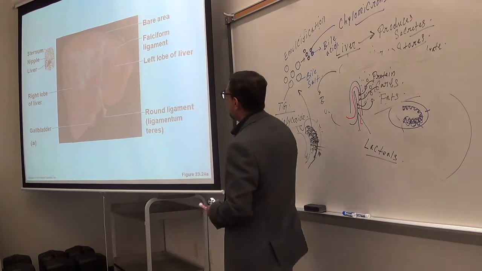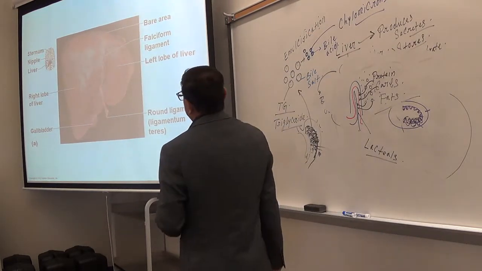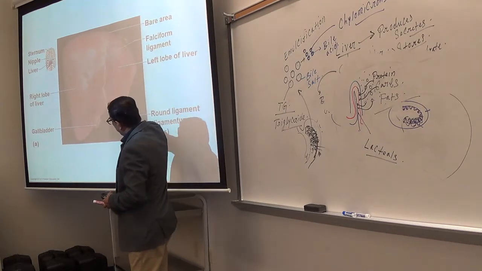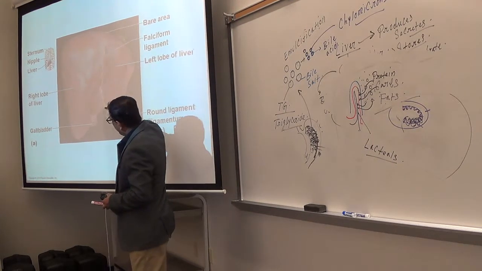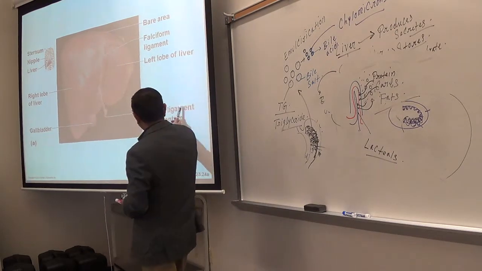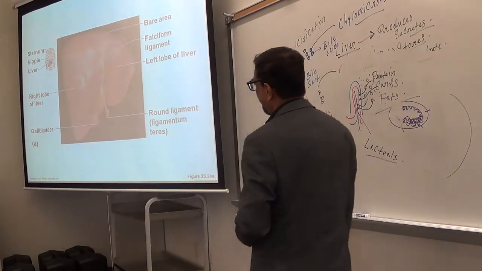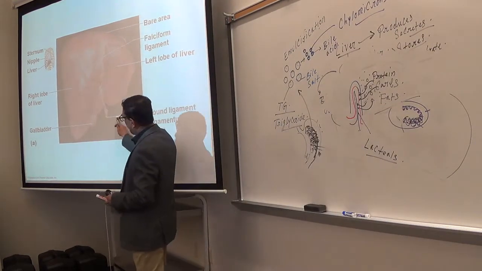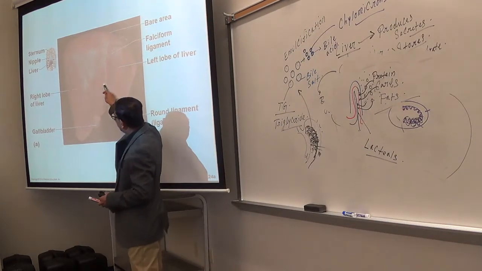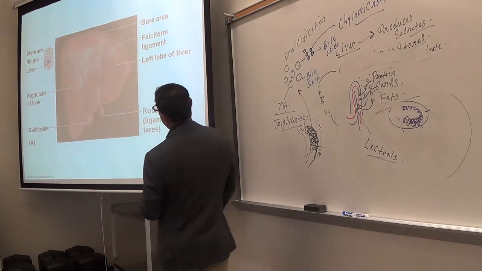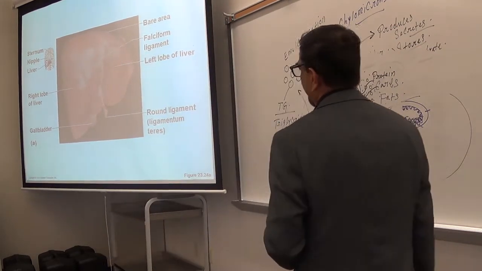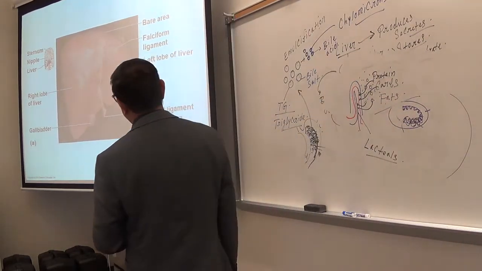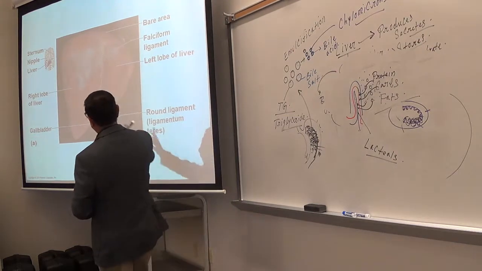The falciform ligament comes from the wall of the abdomen, and that part is called the round ligament or ligamentum teres. So from the body wall, the round ligament enters into the liver and becomes the falciform ligament. The part attached to the liver is the falciform ligament, between right and left lobes.